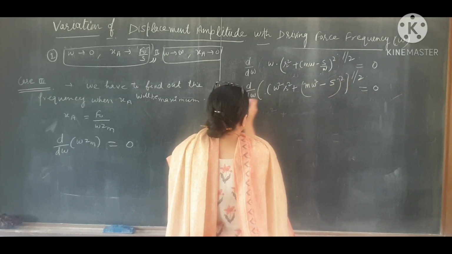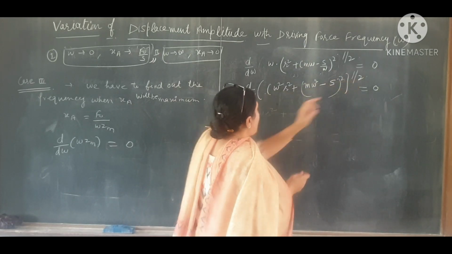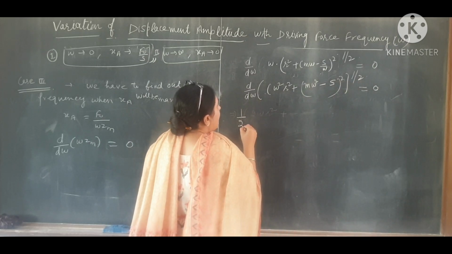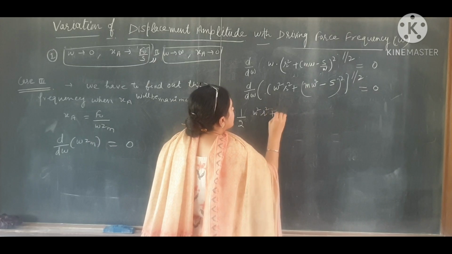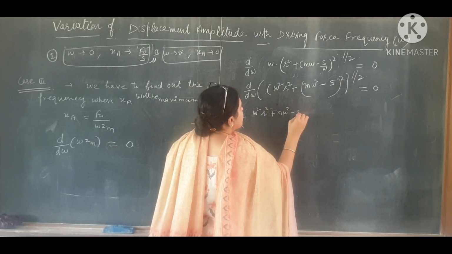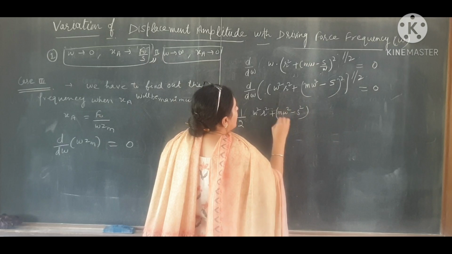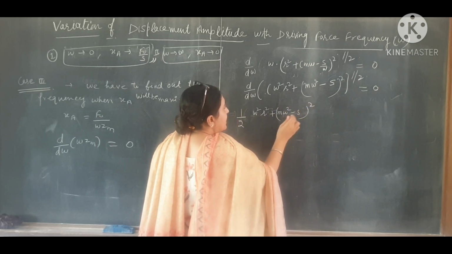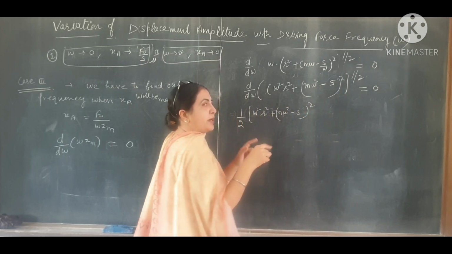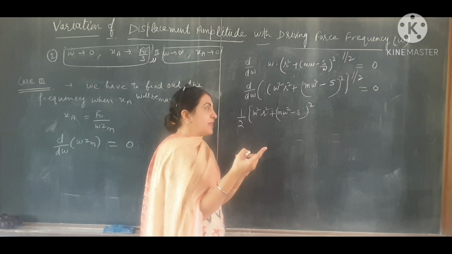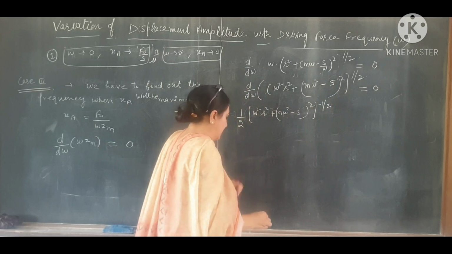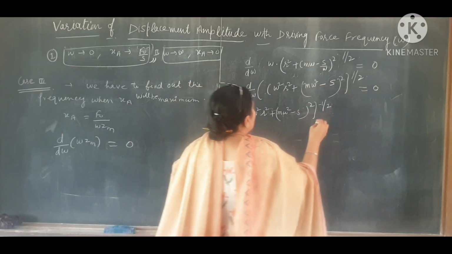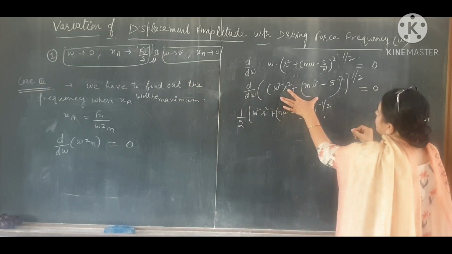The derivative will be half, into (omega square r square plus (m omega square minus s) whole square) raised to power 1 by 2 minus 1, that is minus 1 by 2, into the derivative of this term.